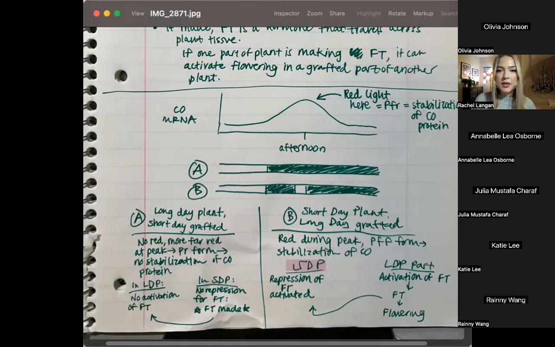Yeah, so if the CO protein represses flowering, then the absence of CO protein causes flowering. So darkness doesn't activate their repressor, which is the CO protein, and then they get flowering. So they like lots of darkness, which is why they're short day plants. Okay, yeah, that makes sense. Thank you. You're welcome.